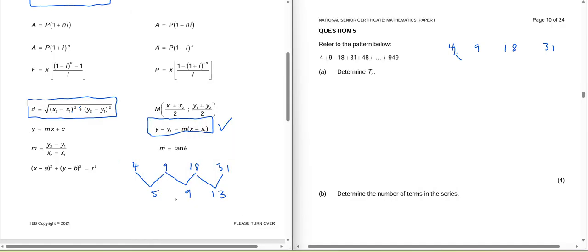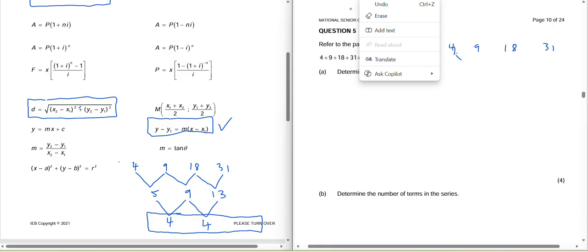Now let's go to the last level. 9 minus 5 is 4. And then 13 minus 9 is also 4. So since we have a constant term on the last row, we will note that this is a quadratic pattern. Now to solve for Tn, what is it that we need?